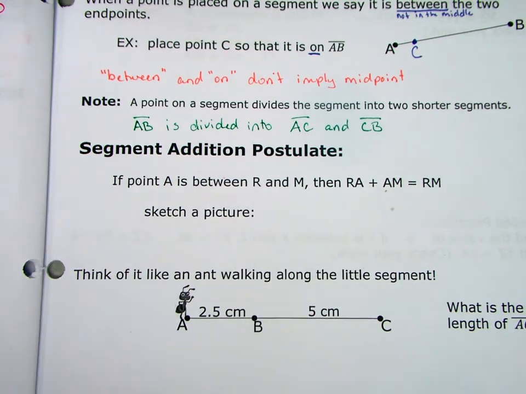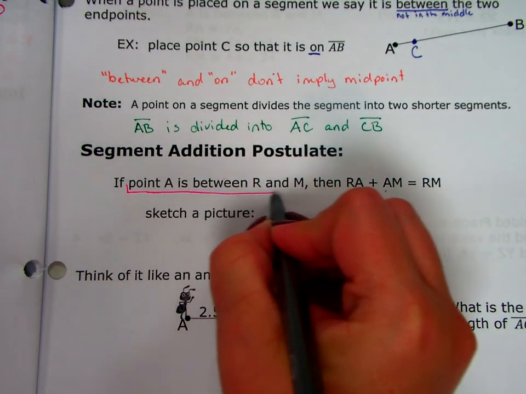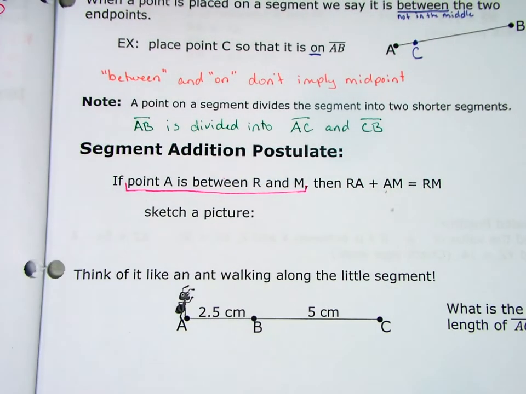To sketch that picture, I have to start with my first point. I have to have that information I just underlined in pink before I can apply the segment addition postulate. I have to have a point on a segment.